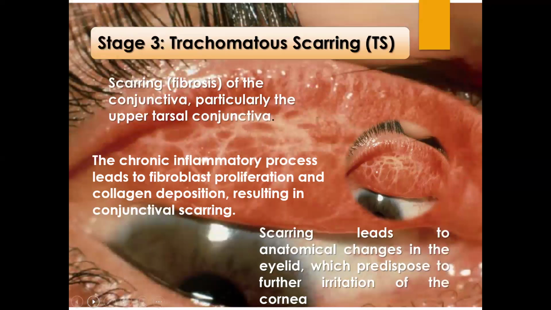That leads us to the next stage, known as trachomatous scarring. This stage is characterized by fibrosis of the upper tarsal conjunctiva. Look at it, it has become fibrosed. At this point, it's becoming irreversible.